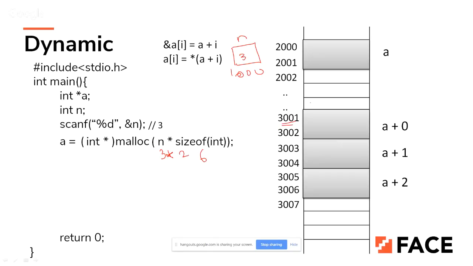So I have allocated 6 bytes of memory, and the starting memory location will be assigned to the pointer variable a. What is the value stored in the pointer variable a? It will be 3001. So this is how memory will be allocated by using the malloc function.